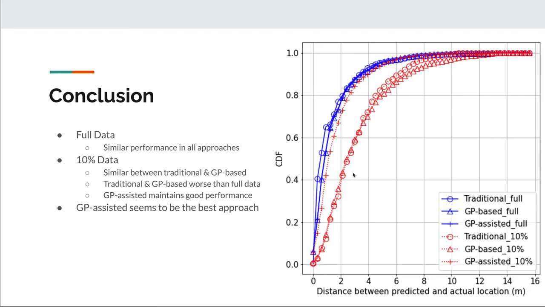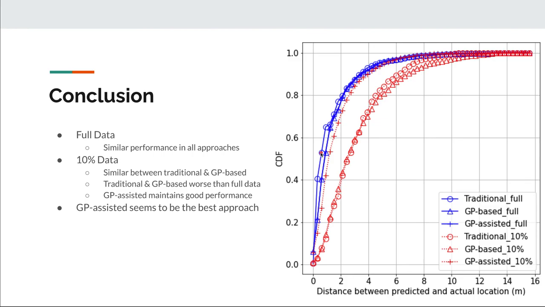We can also see that the traditional and the GP-based fingerprinting under the 10% scenario, we're talking about the red circle and the red triangle, also have similar performance since their curves are close together. But their performance is much worse than the full data scenario. So these curves are performing worse than these blue curves.